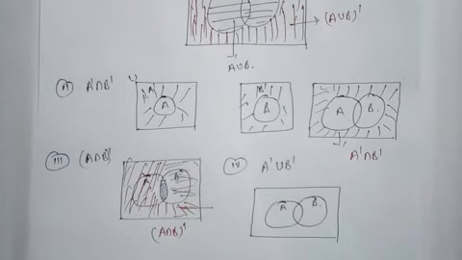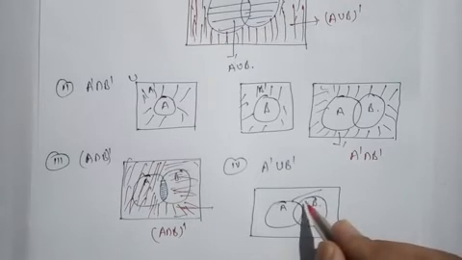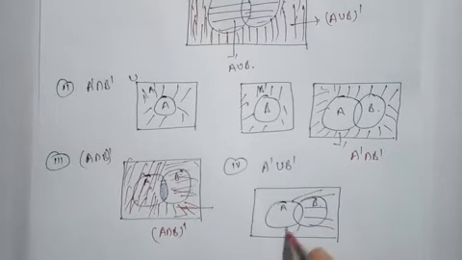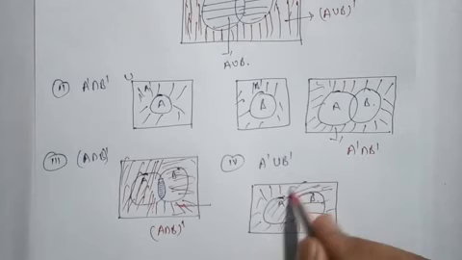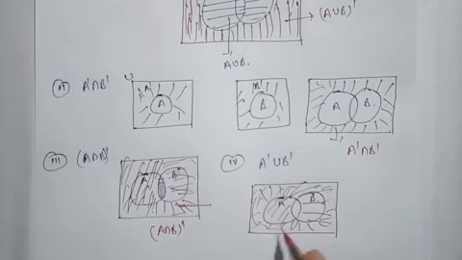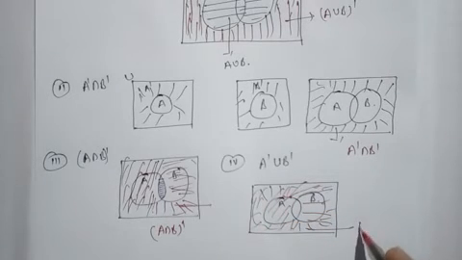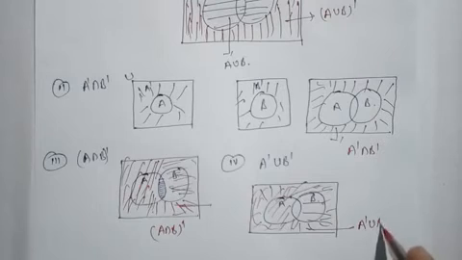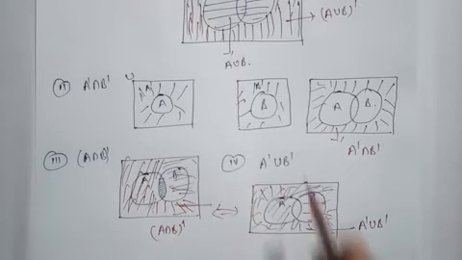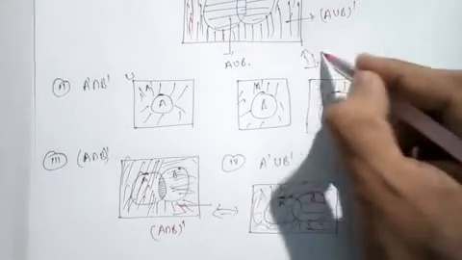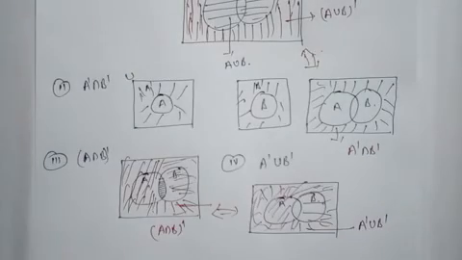A complement means the outer part of A, B complement means the outer part of B, and union means together. So these red lines represent A complement union B complement. So both are similar. Here both are similar. Clear?